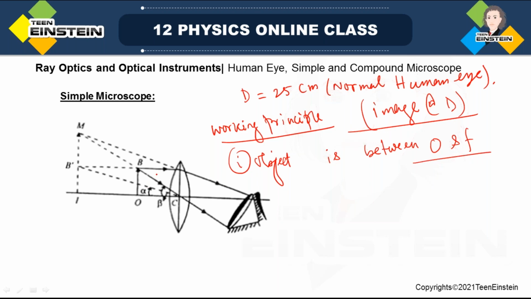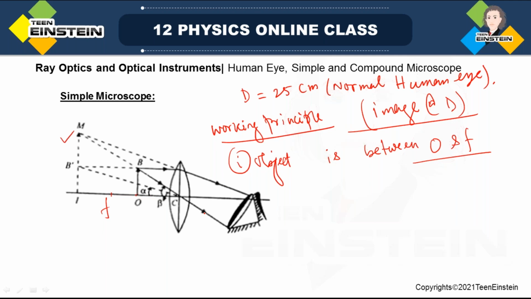Then what do we know for a convex lens? Suppose here is the focus and the object is here. There will be a magnified and erect image formed on the same side of the lens, on the same side as the object.